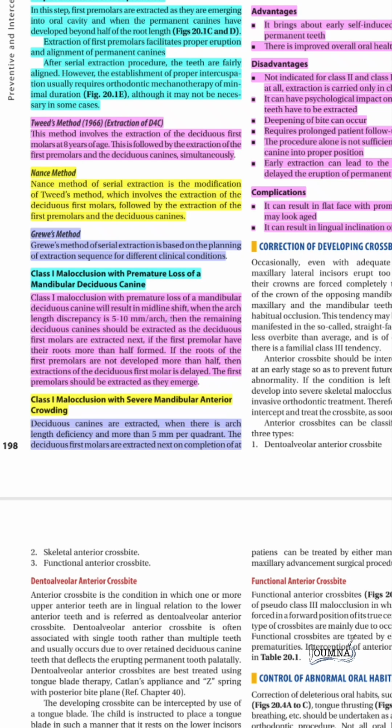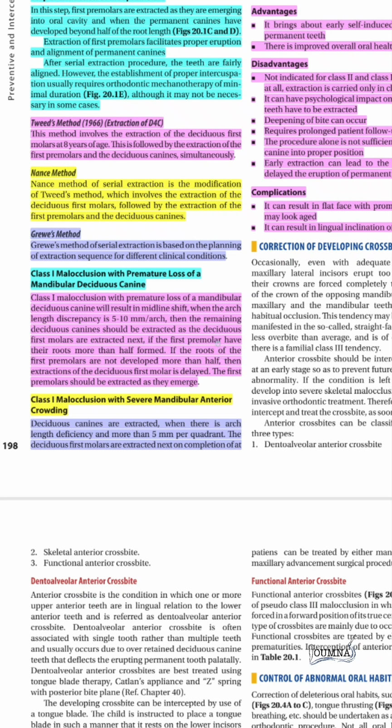If we have seen an early loss of a deciduous canine with a midline shift, and there is a discrepancy of arch length that is 5 to 10 millimeters, what we should do first is to extract the opposing deciduous canine, and then we will extract the deciduous first molars, upper and lower.